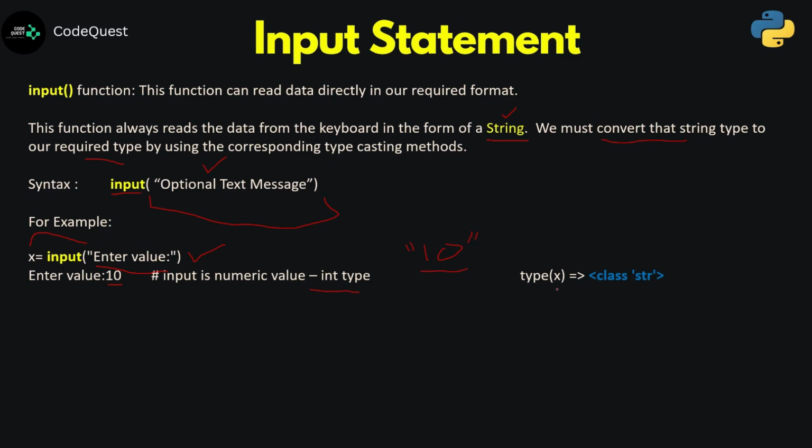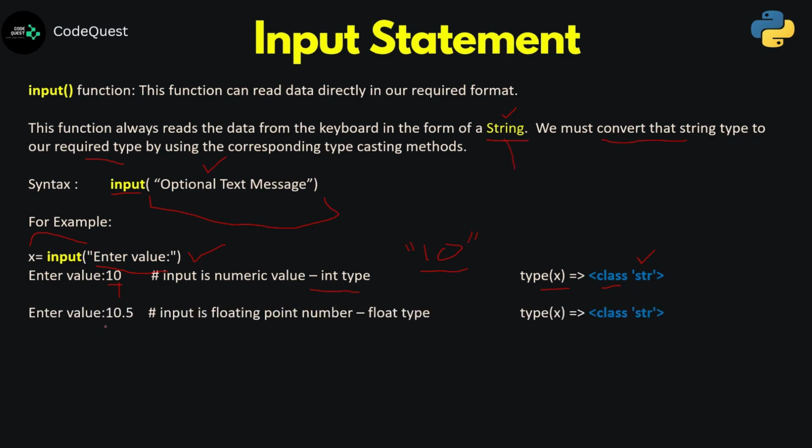For confirmation, when I check the type of this variable x, I will see the class followed by str, because we have not done any typecasting of the supplied value, so the default type is string.